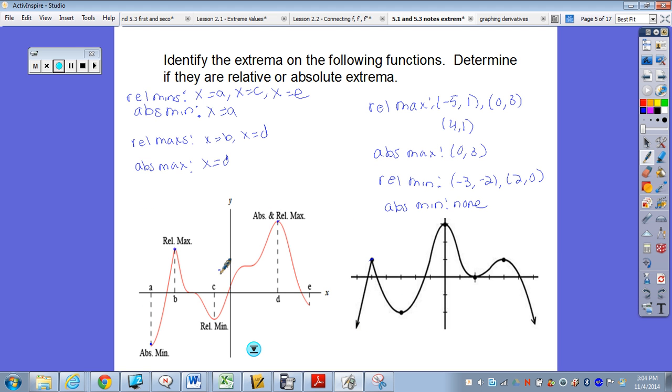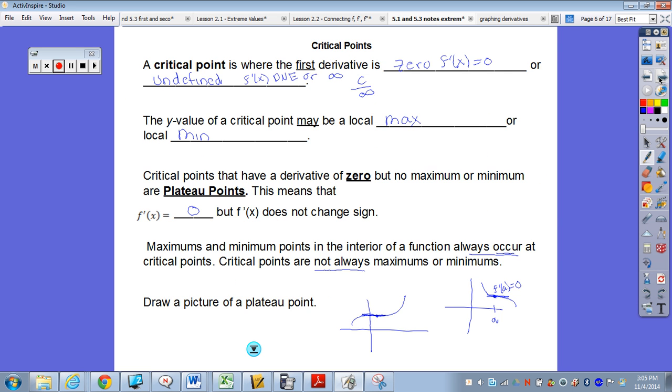If you look back on our graph here, this is a plateau point. The derivative at this point is equal to 0, but the function's always increasing, so the derivative is always positive and it never changes signs.